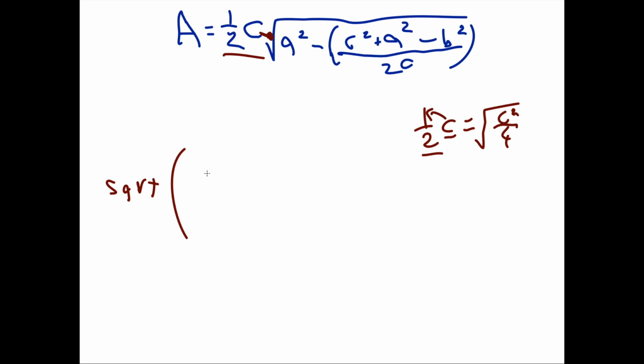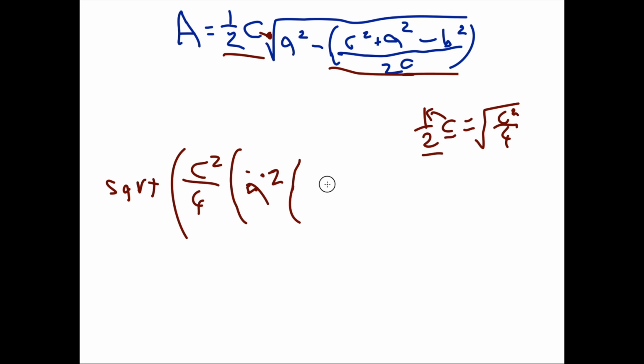Okay, so that means the square root of c squared divided by 4, and I'm not going to write area right now, I'll do that later, times a squared times all this stuff here, c squared plus a squared minus b squared divided by 2c.